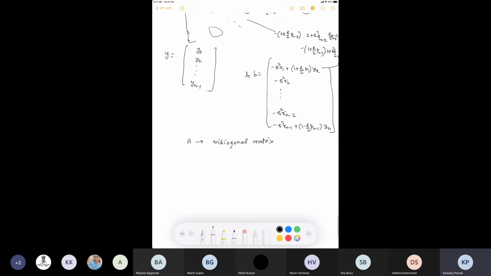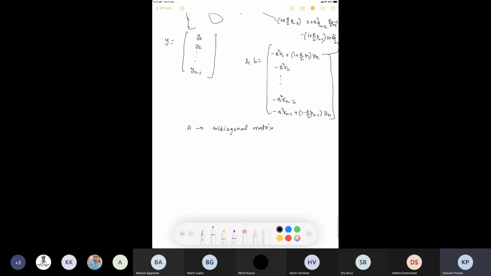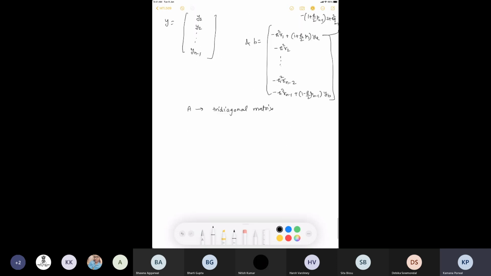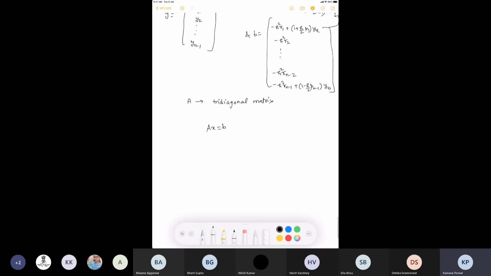And in the next section, I'll see whether I can start today, or if not, then we'll be starting in the next class. We'll see how we solve the system of linear equations. So we'll basically be seeing the numerical methods for that as well. One method which we will learn is the Gauss elimination method, which you might already know.